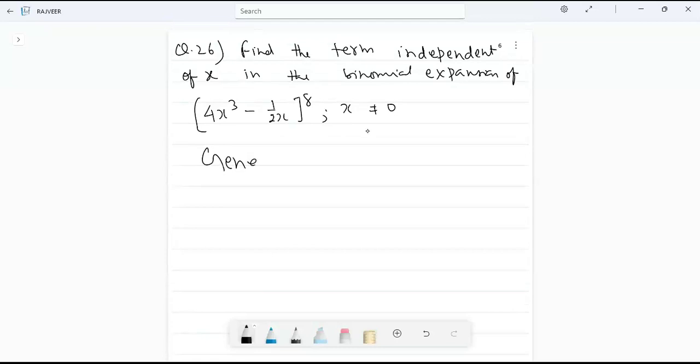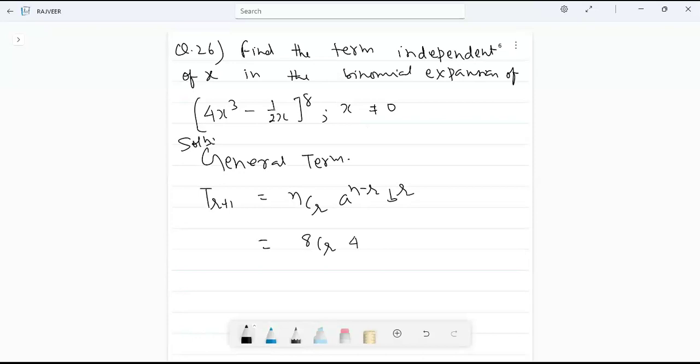Solution: general term T(r plus 1) equals nCr, n is 8, a to the power n minus r, b to the power r. So T(r plus 1), n is 8, r we need to find. a is 4x cube to the power 8 minus r. b is negative 1 over 2x to the power r.